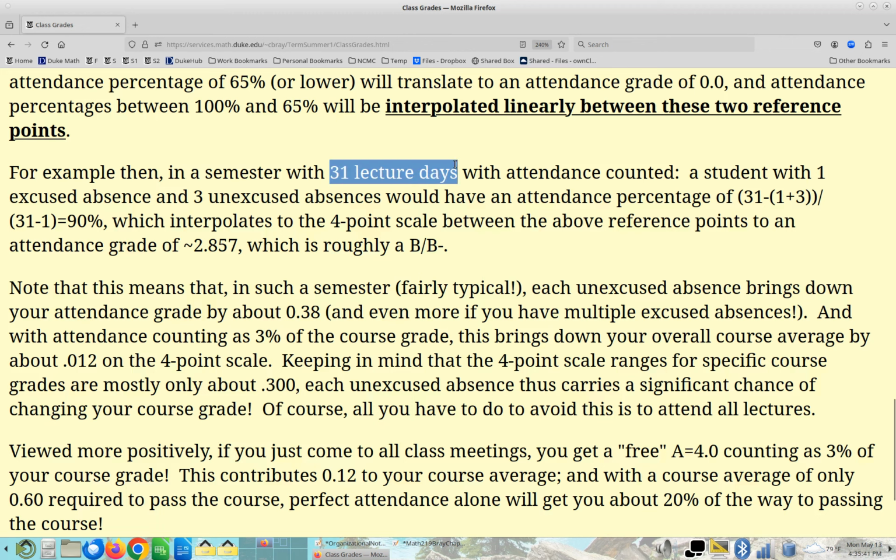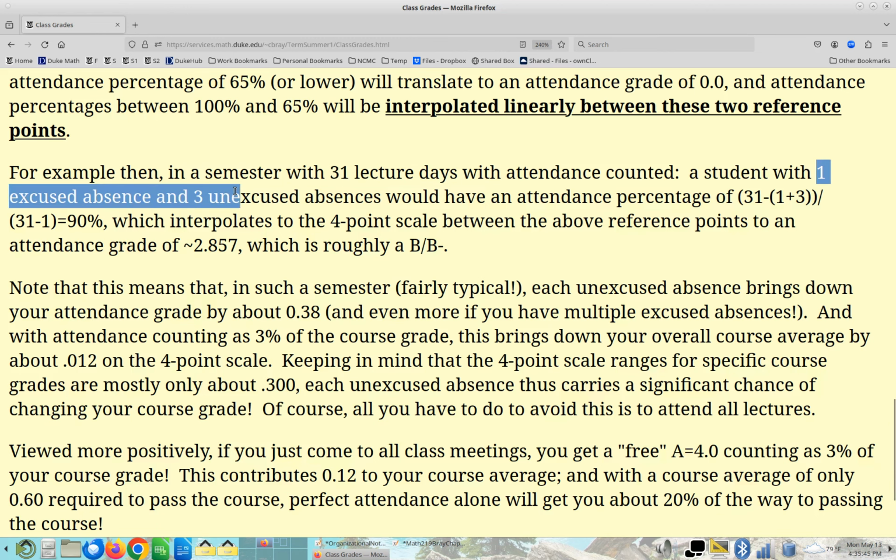If there's 31 lecture days where we count attendance, and if you have an excused absence, that excused absence means that we're going to only consider 30. Effectively there were 30 days for which you were responsible for attending. Notice then that with 3 unexcused absences, you're only at 90% attendance.